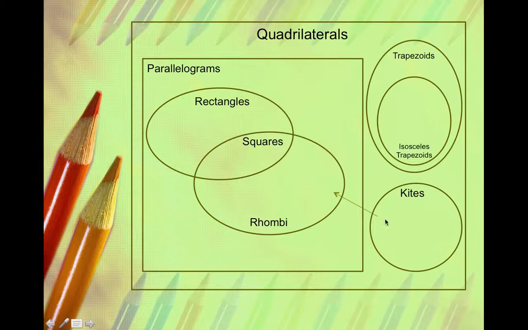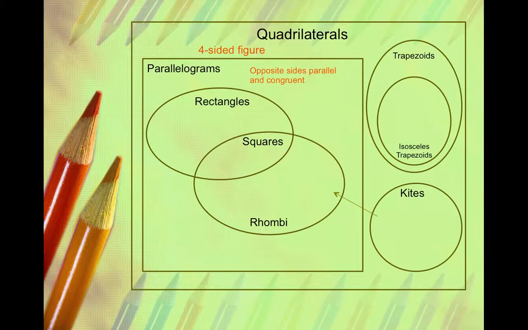And then we have the kite. The kite is not a parallelogram. It is a special type of quadrilateral that has pairs of consecutive sides congruent. Now, quadrilaterals are just general four-sided figures.